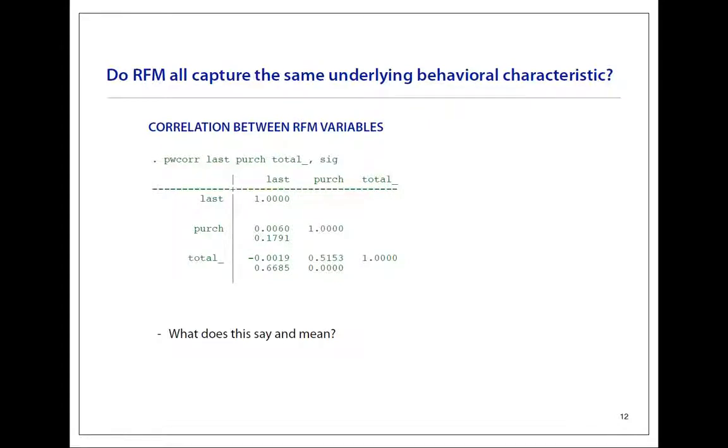There's one thing that we need to see: it seems that purch and total have some correlation, 0.5153. It's also significant, right? Here we need to make a judgmental call about whether we should have both there or only need one. First of all, for the purpose of the demonstration of this method, I will proceed to include all three.